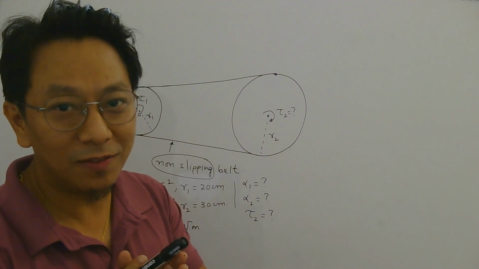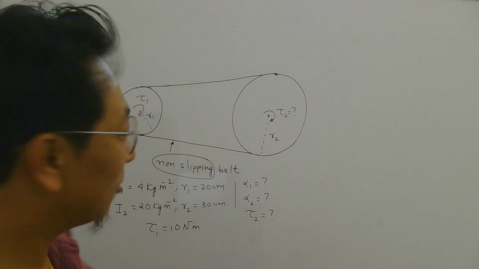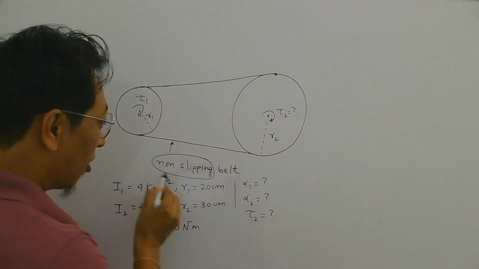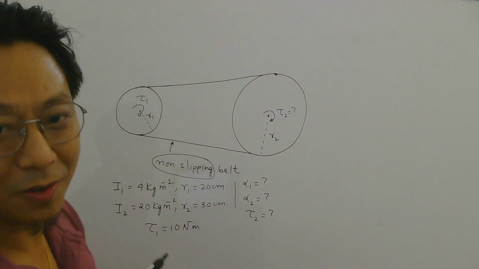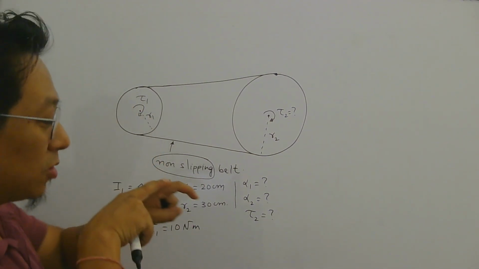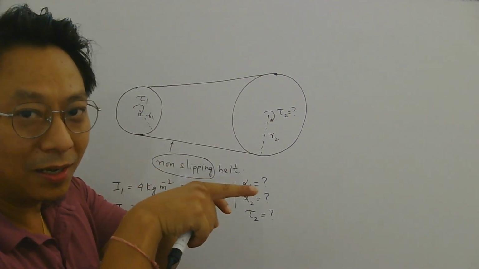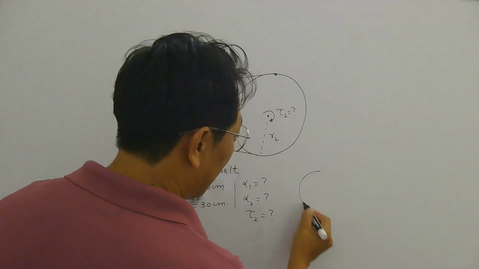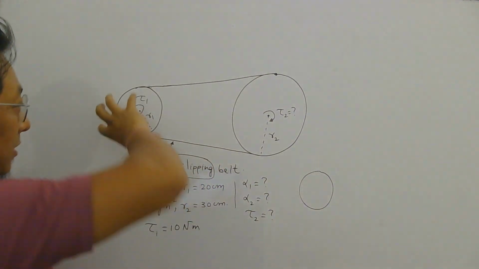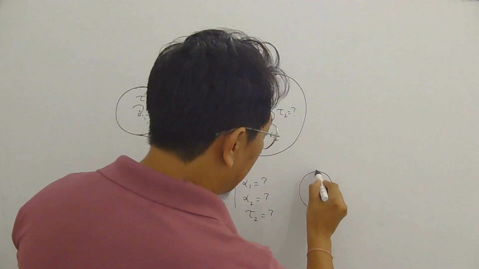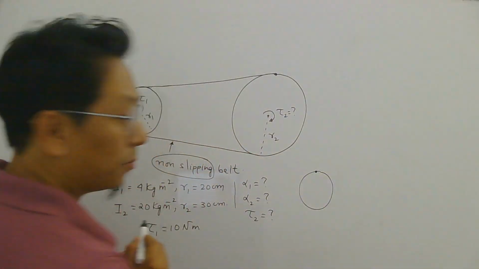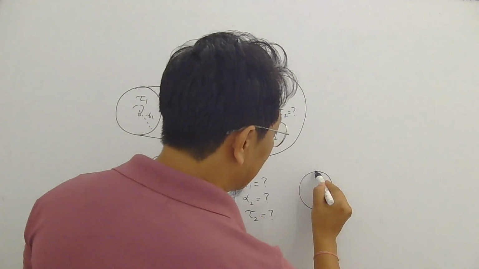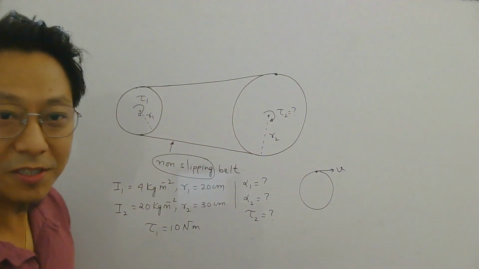Now how do you solve this question? Well, the main thing here to understand is the non-slipping condition, which means that there is no slipping between the belt and the wheels. So if this is your wheel, and as it rotates, let's say at some time this point on the wheel has velocity v, tangential velocity.